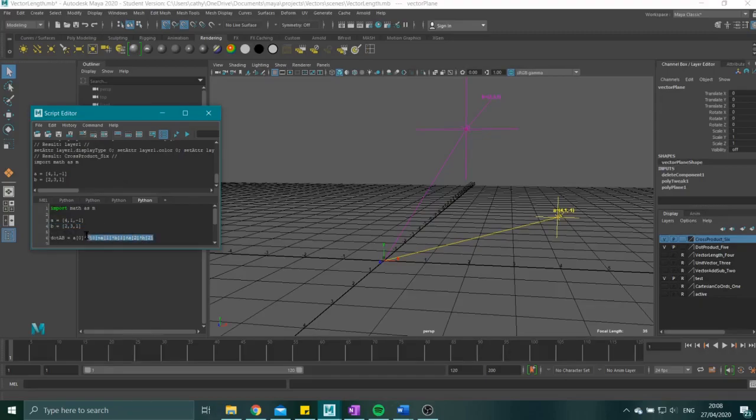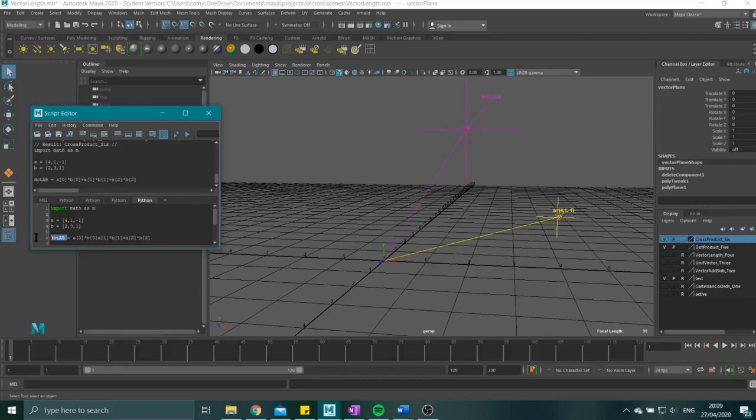Now, we can get the dot product, so that's A dot B, by multiplying the corresponding components for each vector. So we have the first component in A times the first component in B, and we're going to add that to the second component in A times the second component in B, and we're going to multiply our third components as well and add those on too.